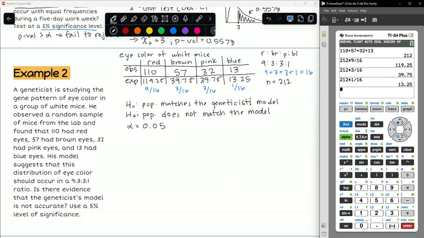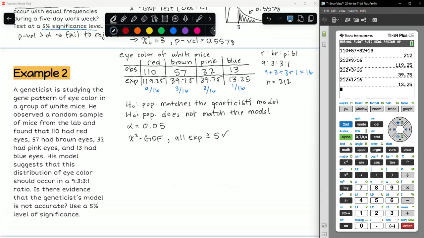I'm comparing a single categorical variable and a single sample to an expected or predicted model, so I know that is a chi-squared GOF. And I know that all of the expected are greater than or equal to 5 because my smallest is 13.25, so we meet the conditions for that.